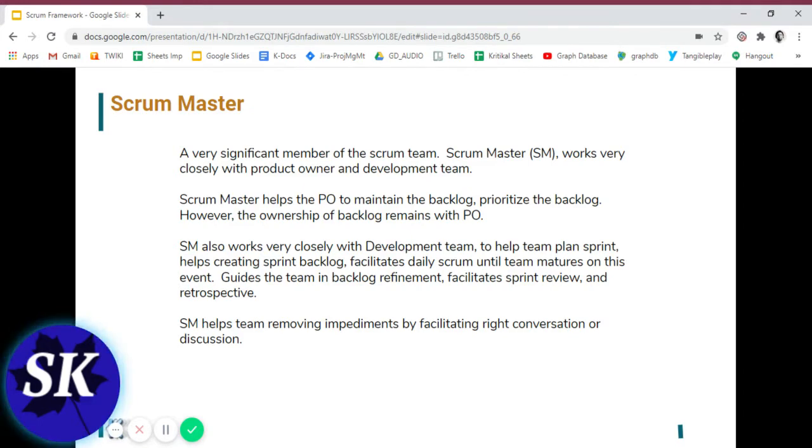But if it is somebody who is a very experienced product owner who has been playing this role for quite some time, they may be very well versed with the best technique. For somebody who is new to the role, creating those product backlogs and helping them prioritize those backlogs is also part of a Scrum Master's role.